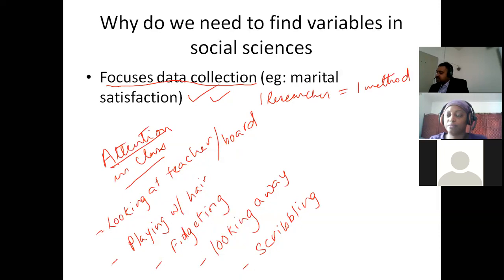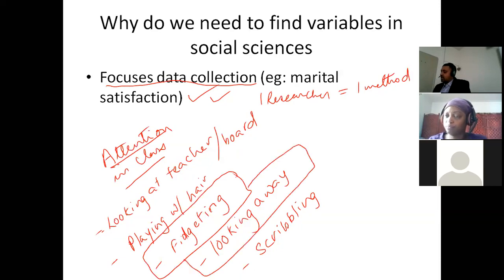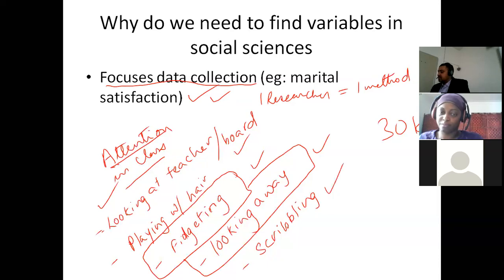Anyway, it's easier for a researcher to pick a couple of different things as signs of lack of attention and record that for a class of, say, 30 children, instead of looking for every one of these. In that sense, the observer's attention is focused on just a couple of different things.